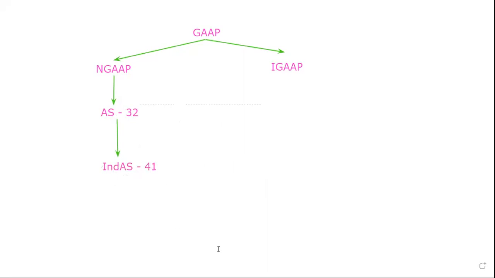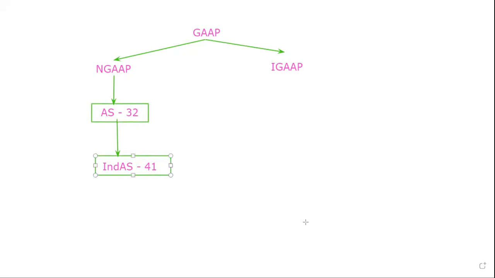Before the implementation of Indian accounting standards, INDAS 41, the earlier name we called was accounting standards. After that it became Indian accounting standards. Okay, so this is the actual milestone of these generally accepted accounting principles.